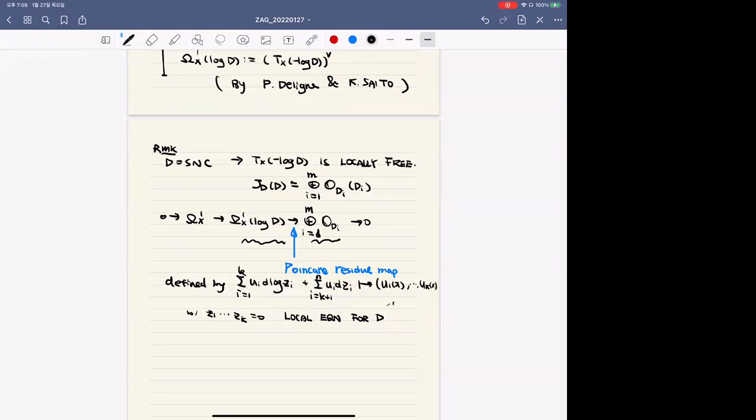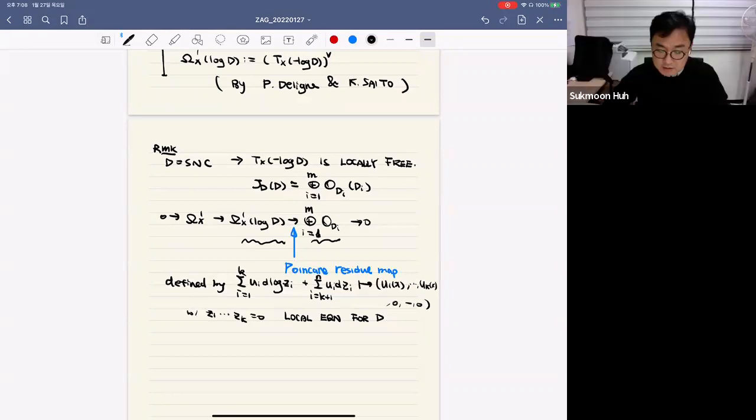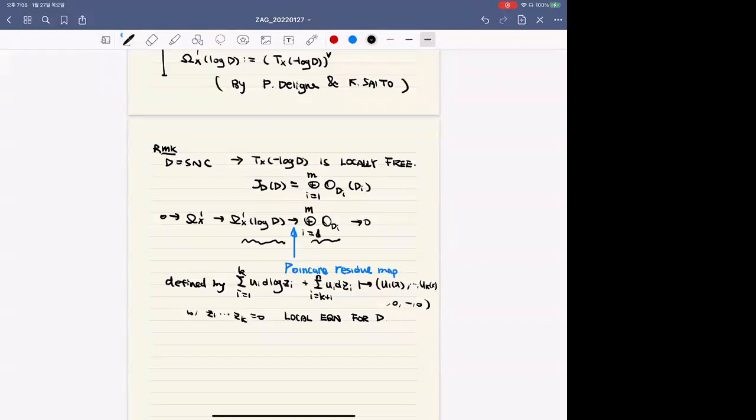Oh, excuse me. Yes. K is M or? K is, yes. No. Oh, sorry. Since we assume that it is simple normal crossing, yes. So in this case, yes. If D has just a normal cross. You're on an open subset.